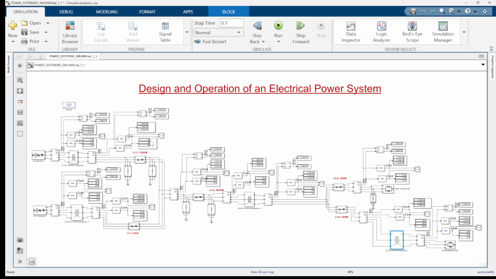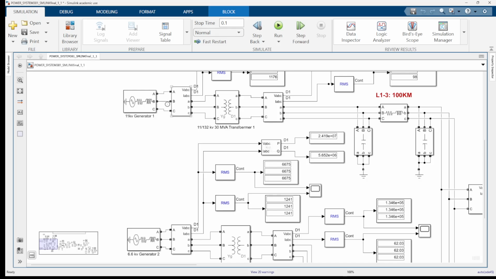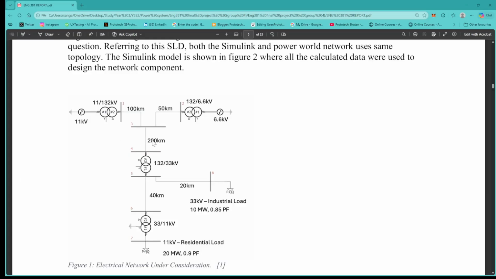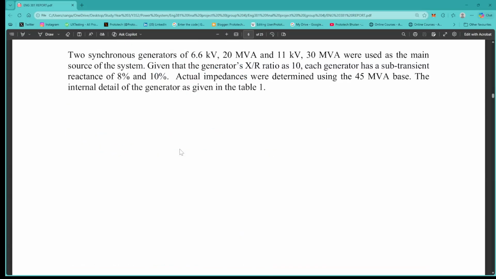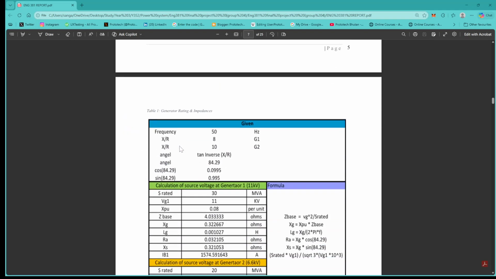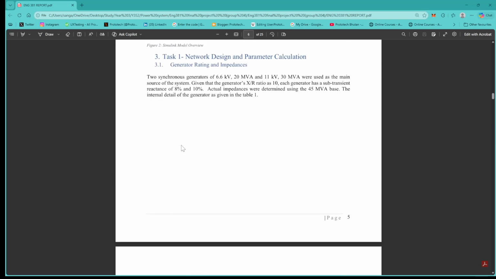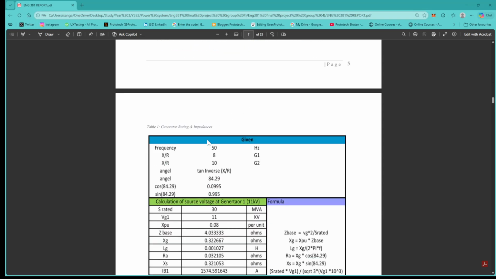Now, moving specifically into the generator modeling. As per the load, we have calculated the generator's rating and impedance.